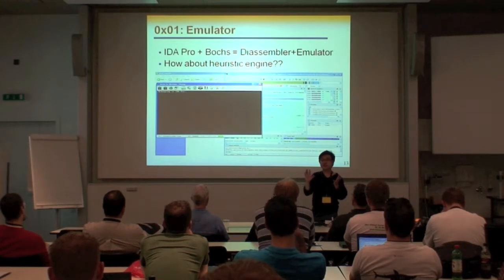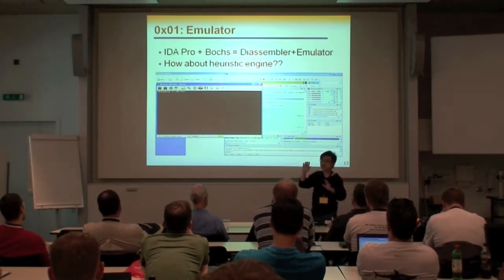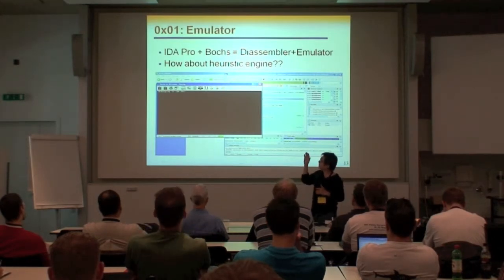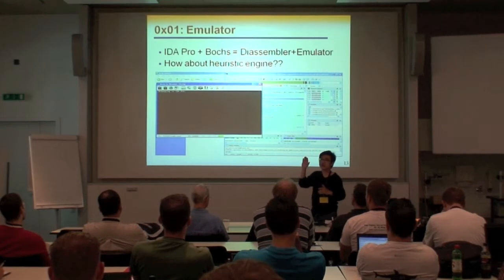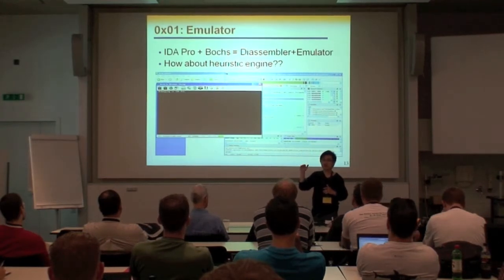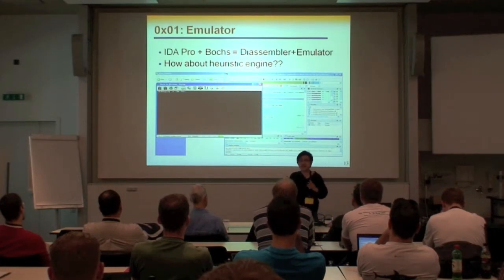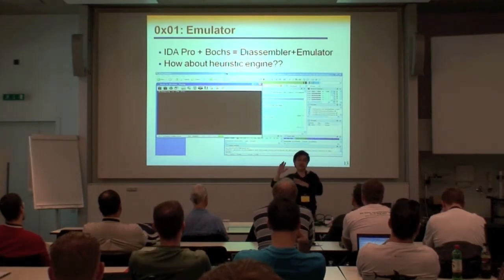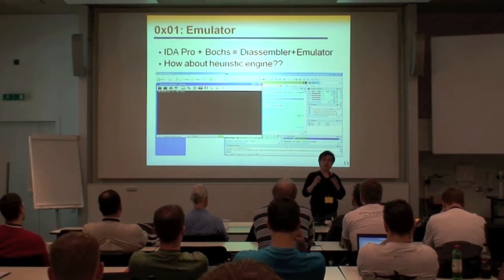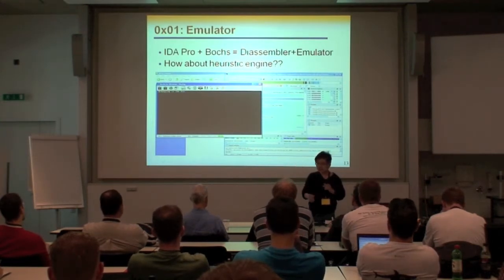It means every malware code is actually running in Bochs, and you can still use IDA Pro to trace step by step what the malware is doing. But this kind of combination is different from today's topic, because how about the heuristic engine? If we can combine the heuristic engine together with this kind of idea, it will become a very powerful so-called malware detection toolkit.